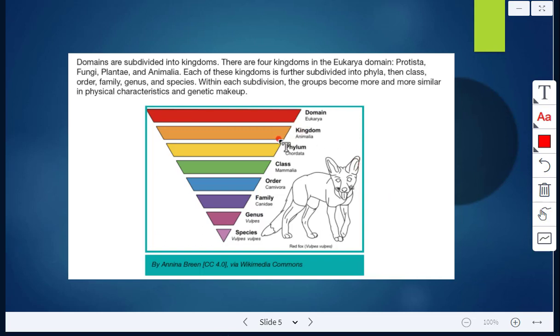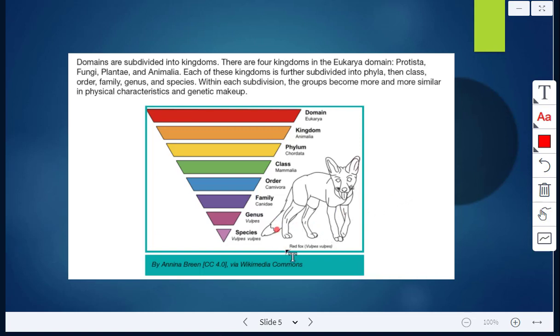And then it's further subdivided into phyla, then class, then order, then family, then genus, and then species. As we go into each subdivision, the groups become more and more similar in physical characteristics and genetic makeup.